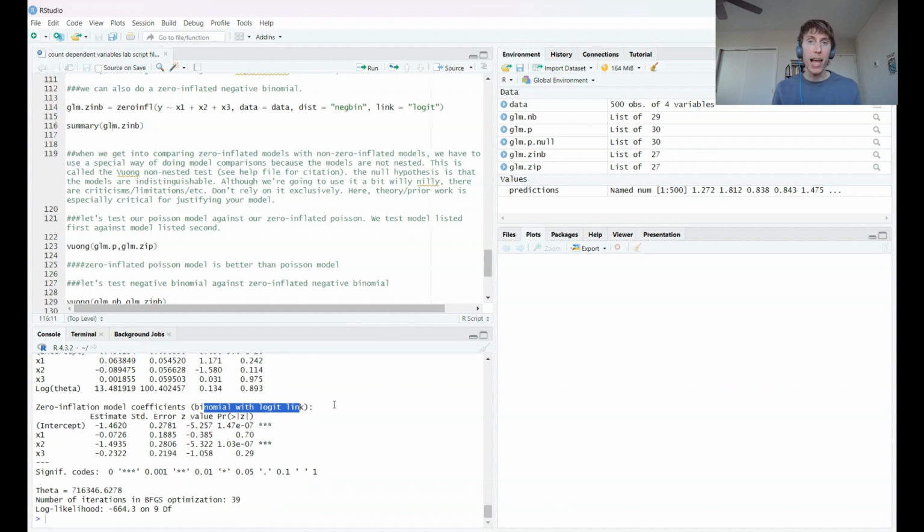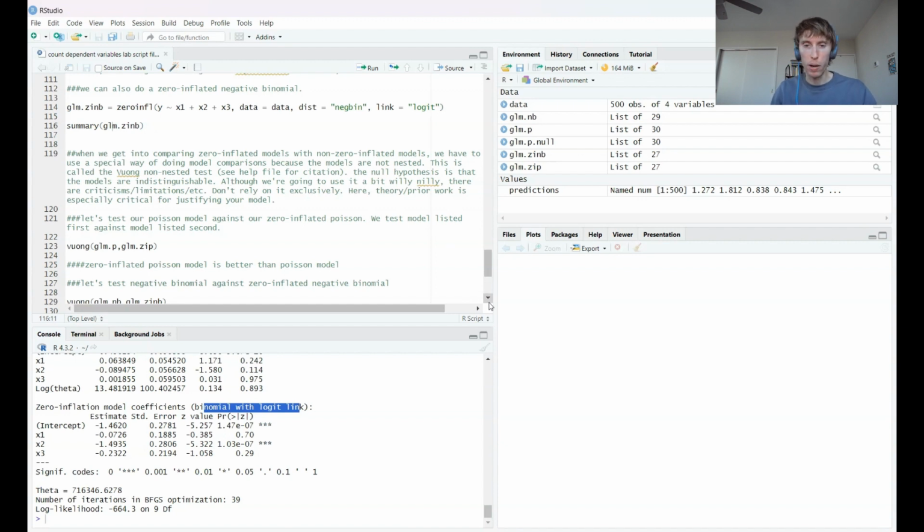Now, when models are nested, and in this case, generalized linear models that are nested, you can do a likelihood ratio test. But when they're not nested, you have to use potentially some other type of test. So I'm going to introduce and show one specific test, the Vuong test, though I'll briefly note that there are some important criticisms and limitations.